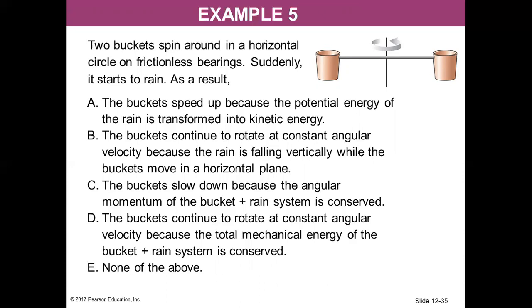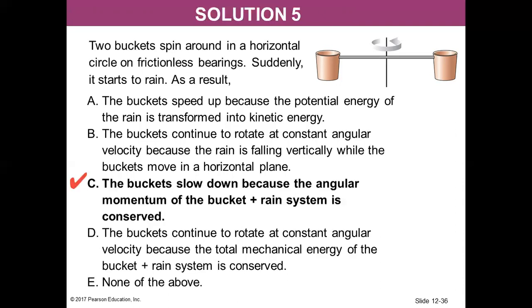B, the buckets continue to rotate at constant angular velocity because the rain is falling vertically while the buckets move in a horizontal plane. Both A and B are wrong. C, the buckets slow down because the angular momentum of the bucket plus rain system is conserved. That is correct. This is the same as the previous example of the disk and the loop. Okay, C is the correct answer.